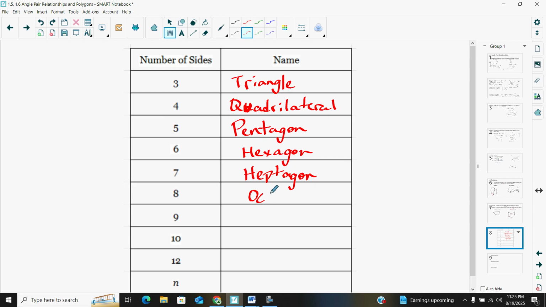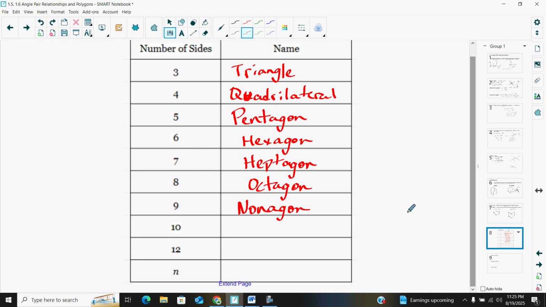We've got an octagon. 9 sides is called a nonagon. 10 is a decagon. And 12 is a dodecagon.